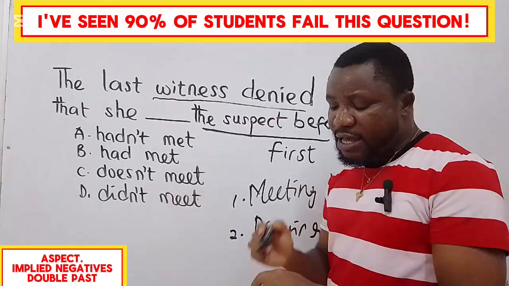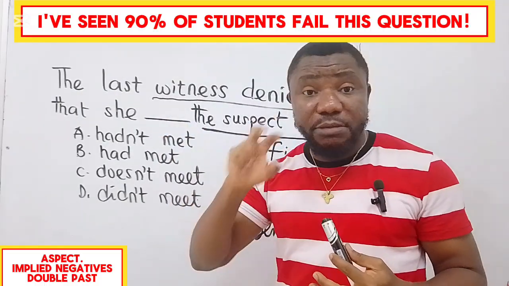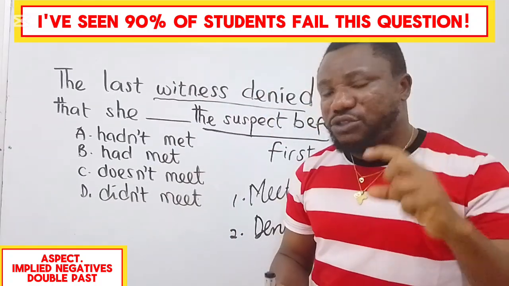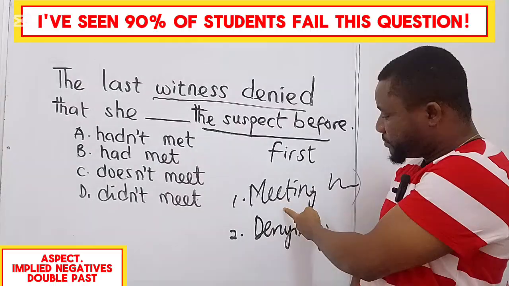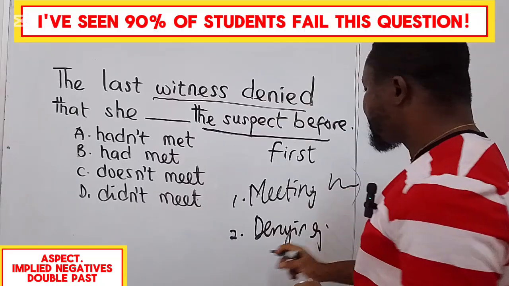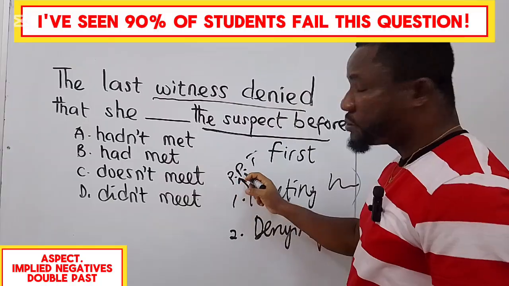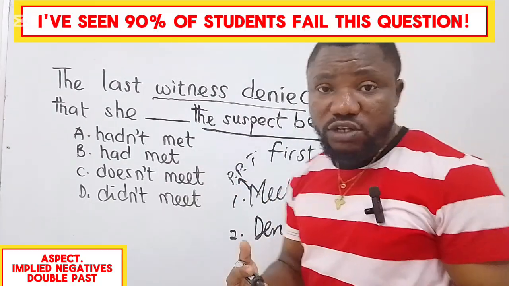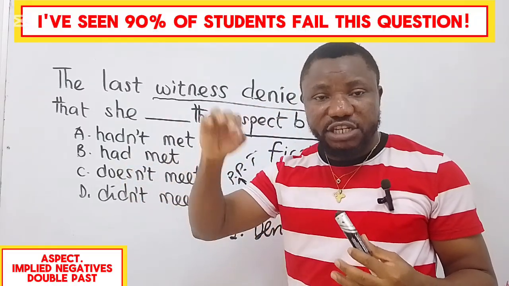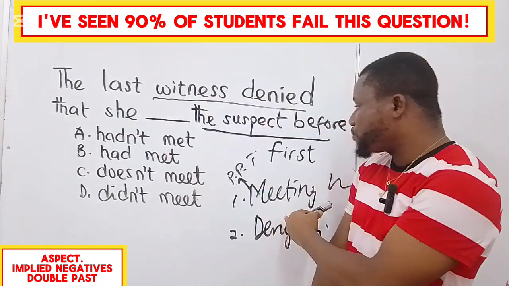Now, in the English language, when you have two actions that started and ended in the past, to talk about the first action that happened, you must use the past perfect tense, PPT. The past perfect tense is identified by the presence of HAD plus the main verb. How do you know a past perfect tense?